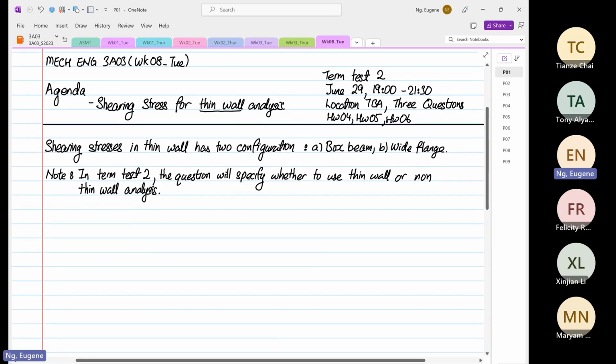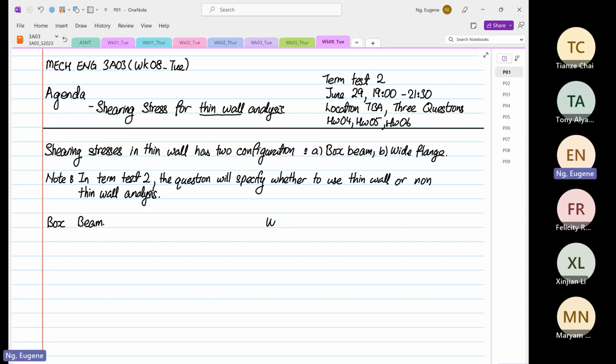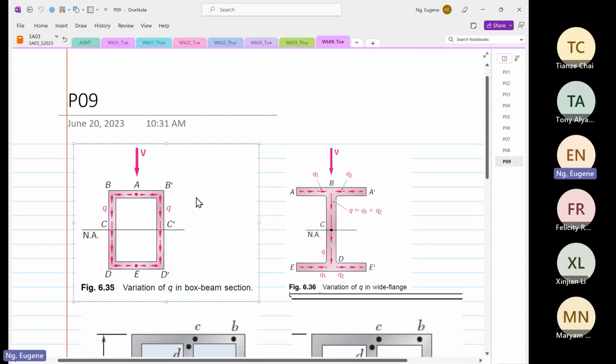Okay, so let's specify what we mean by box beam, and I'll give us a bit of space, and what we mean by wide flange. Okay, so I've attached these figures on Avenue to Learn, which you can copy.